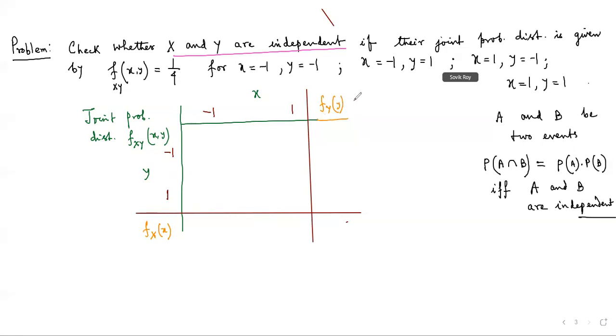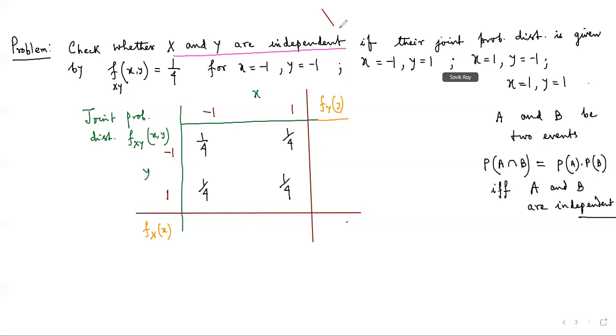Now you see for each of these points, x equal to -1 and -1, the probability is 1/4. For x equal to 1 and -1, the probability is 1/4. For x equal to -1 and 1, the probability is 1/4. For x equal to 1 and 1, the probability is 1/4. If I calculate the marginal probability, the marginal probability of x for this column will be the sum total of this column.